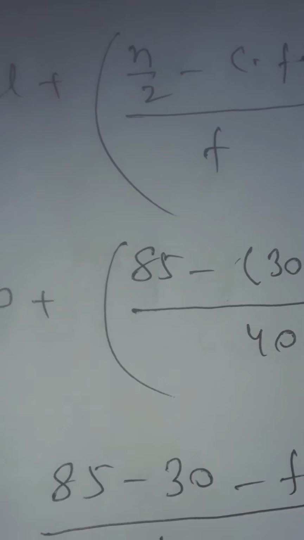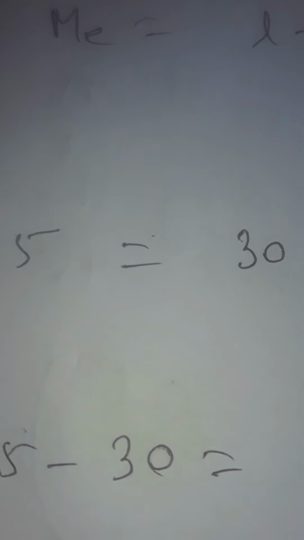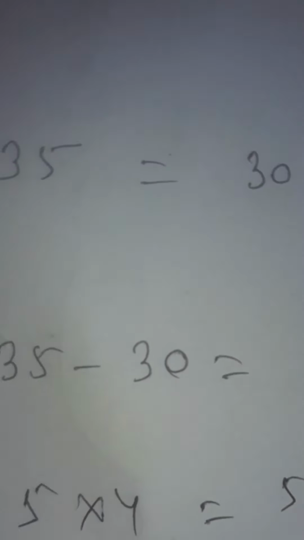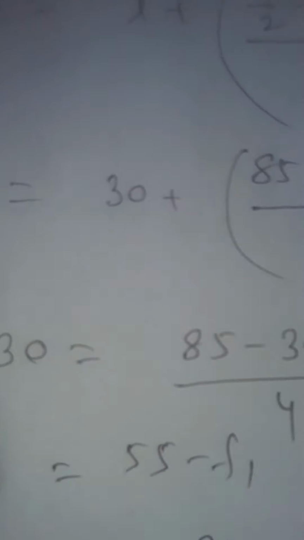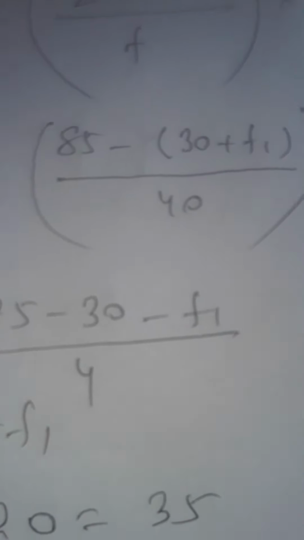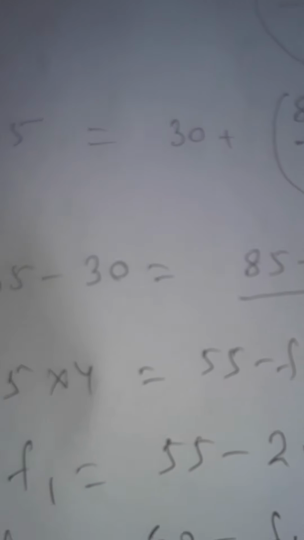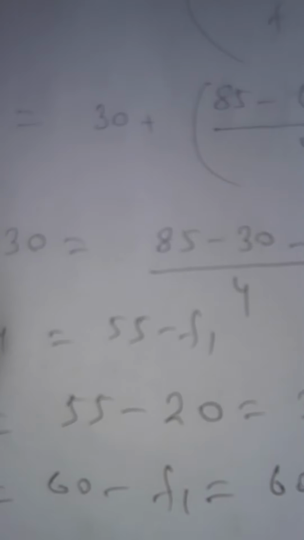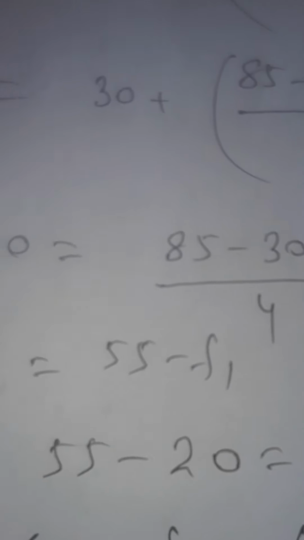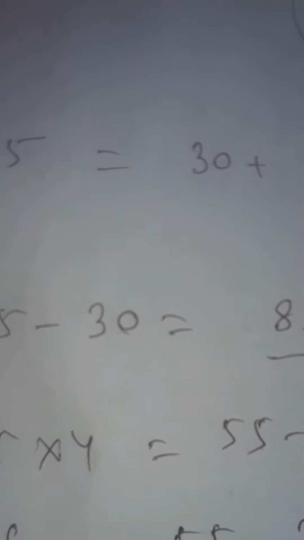Now by substituting these values, we will do the simplification, and by the simplification we take this 30 in LHS. Since median was 35 given to us, this 30 has been taken in LHS and RHS has been simplified, which will give us 55 minus F1, and this 4 will be taken in LHS.